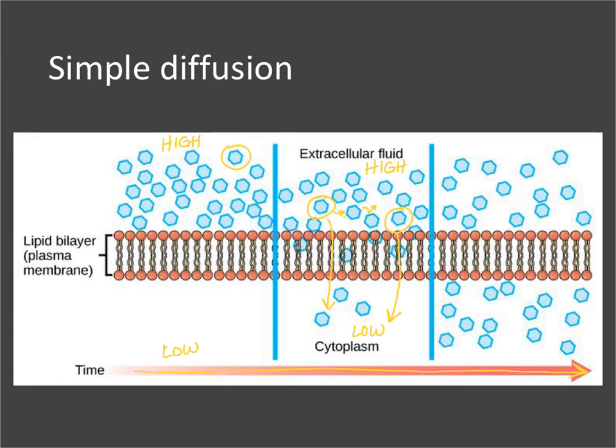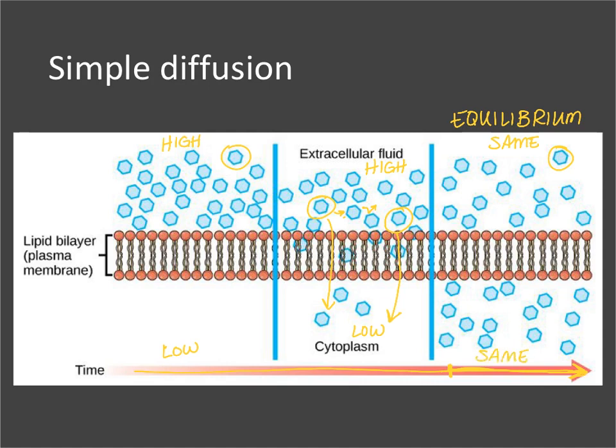Now, in this last panel, down here, this is what happens when the cell reaches that equilibrium that we talked about. So equilibrium means that the concentration of these molecules on either side of the cell membrane are the same. So there's no longer a concentration gradient.